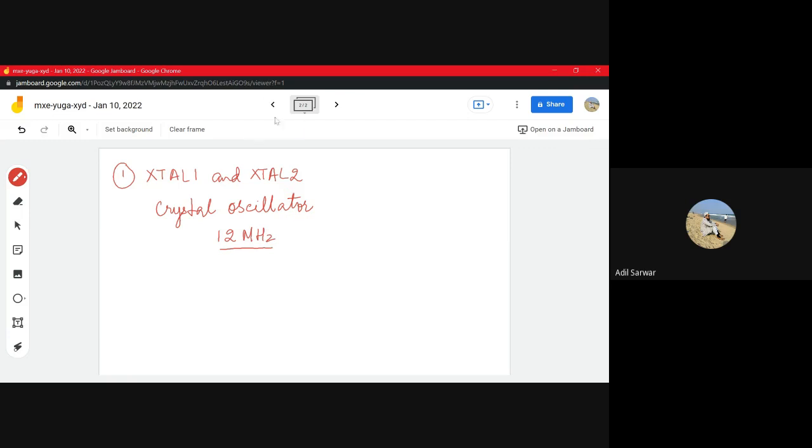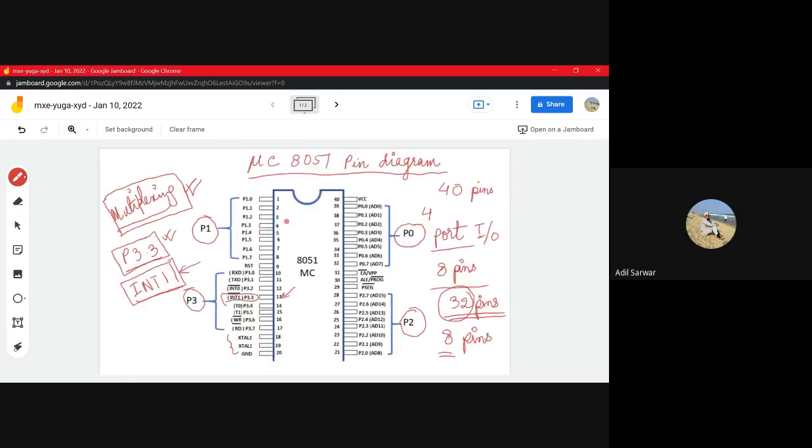You see, a microcontroller works when it receives a clock signal. Each step that is executed in a microcontroller happens when it receives a pulse, and that pulse is generated from a crystal oscillator that is connected to these 2 pins.